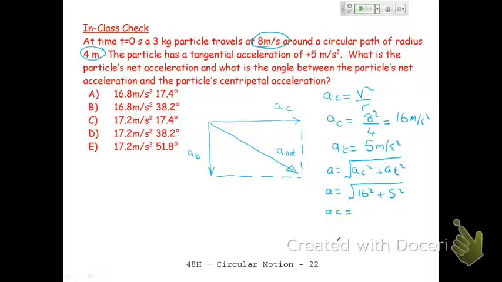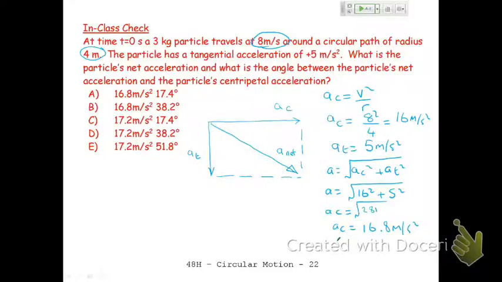Getting my handy dandy calculator, 16 squared plus 25 equals 281. The square root of 281 is 16.76, so A is 16.8 meters per second squared.